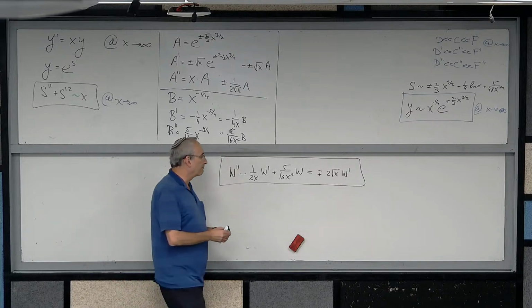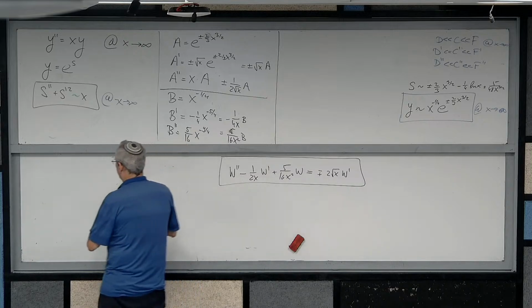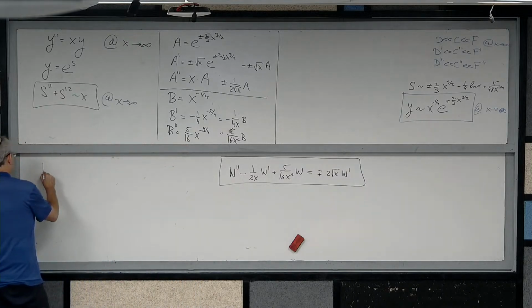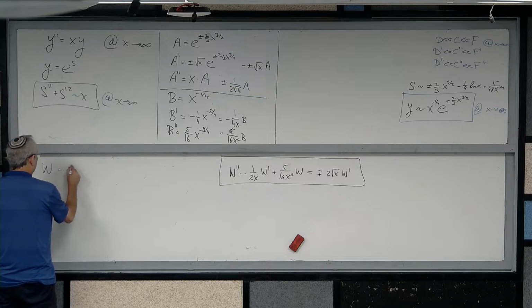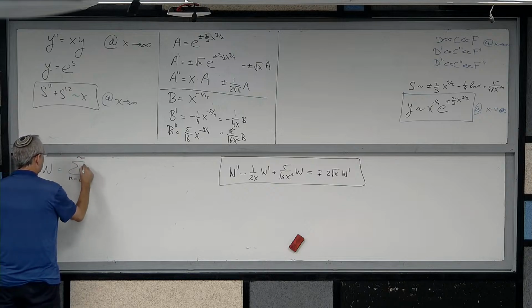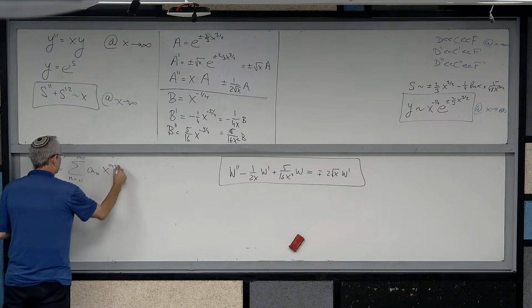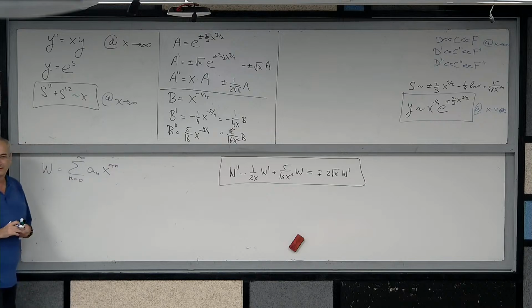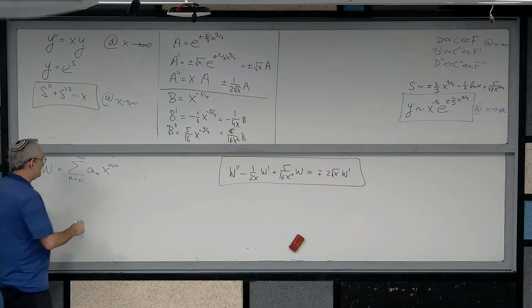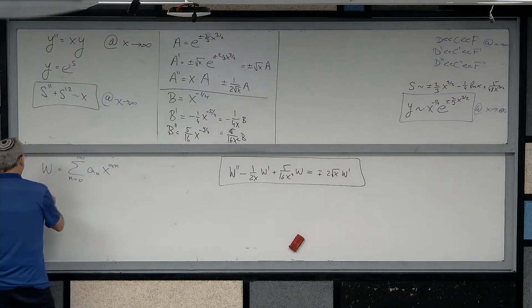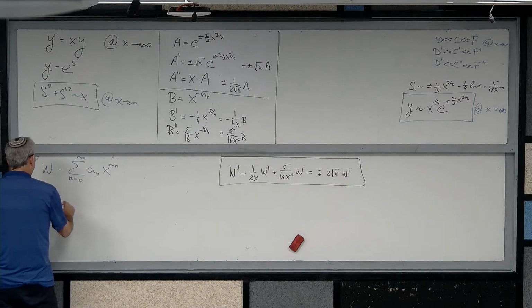So instead of that, I would like now to guess an expression for W. I would like to write W as a sum from n equals 0 to infinity of a_n x to the alpha_n. That's for free because I didn't specify anything, including alpha. Now what is W prime?